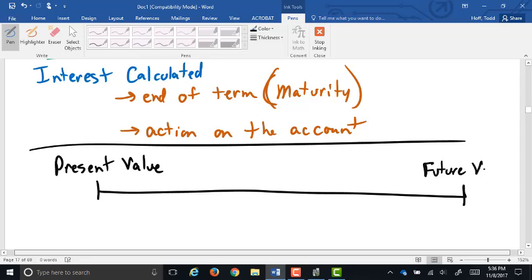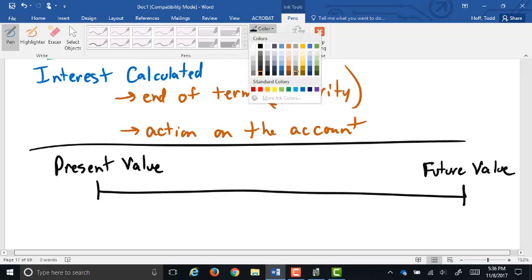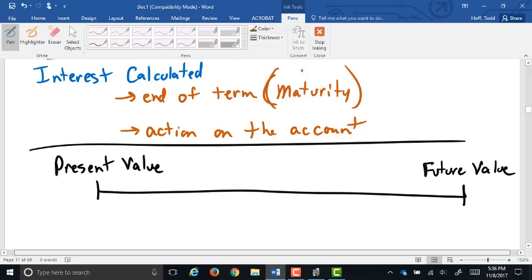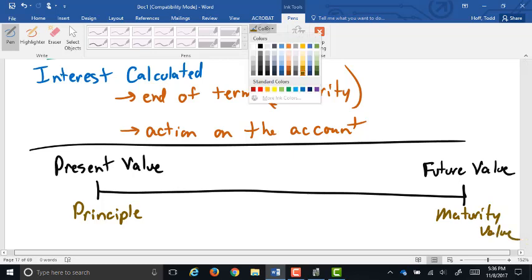Future value is the value in the future. We're talking about simple interest. We generally refer to the present value or the starting amount as the principal, and the future value is the maturity value.